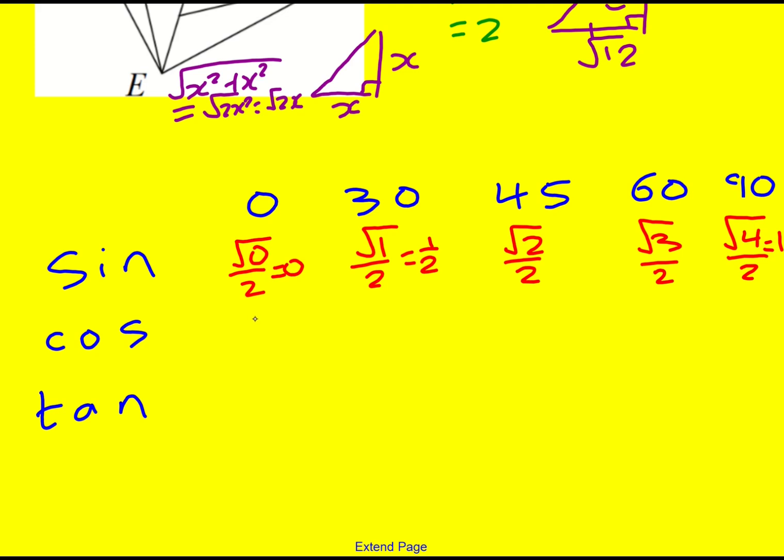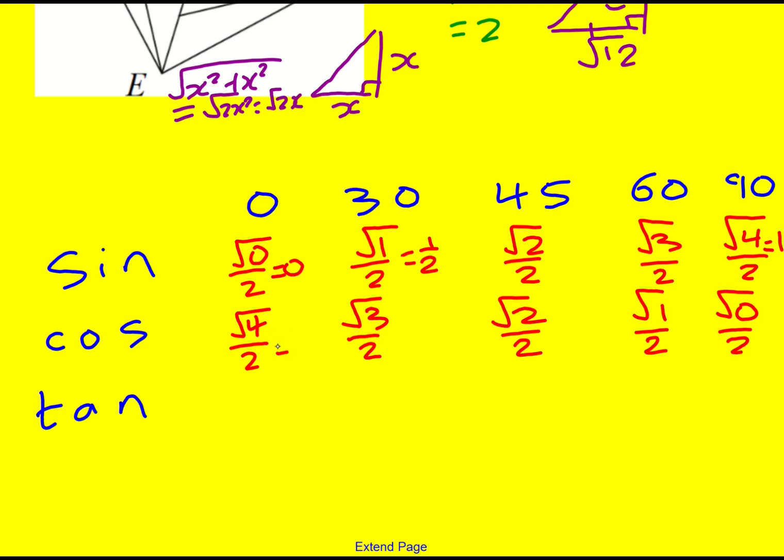Because you just do the opposite, 4, 3, 2, 1, 0. Or you can just remember that actually it's the exact same values, but in reverse. So once you've simplified these, you can just write down 1, root 3 over 2, and so on. But okay, I'm doing it using this method because I think it helps with remembering tan as well. So now I get 1, I get a half, and I get 0.